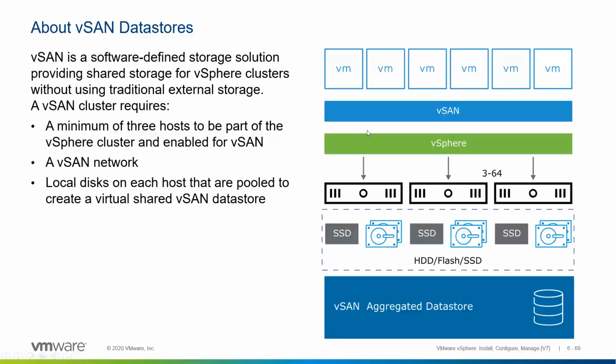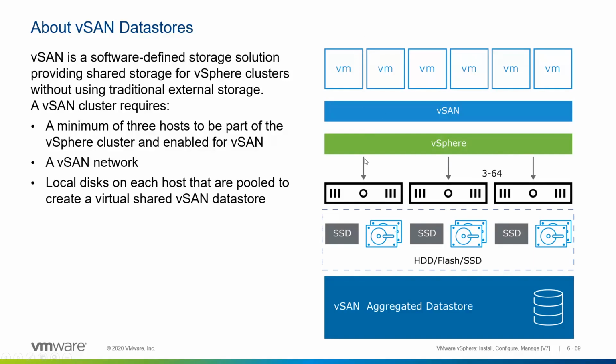Intel Optane memory or something super fast, higher speed SSDs, and normal SSDs need to be in place. And then the disks are pooled together. So these three computers, up to 64 computers, the files are duplicated across them.